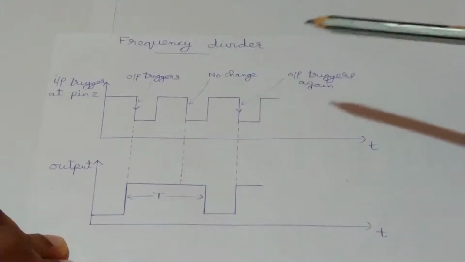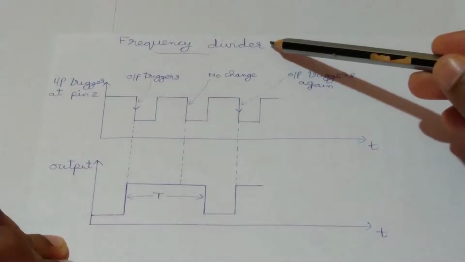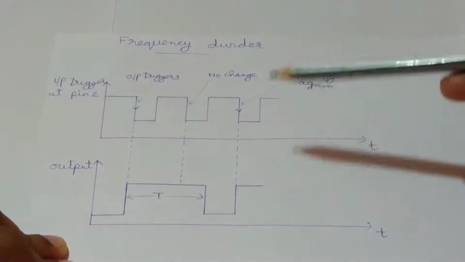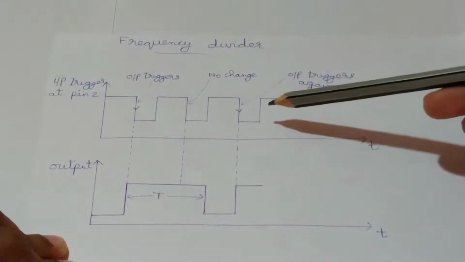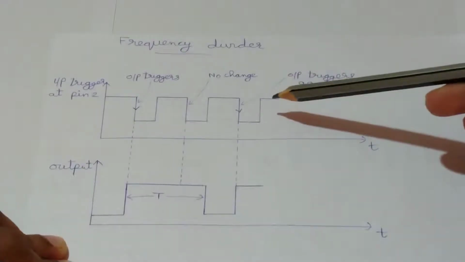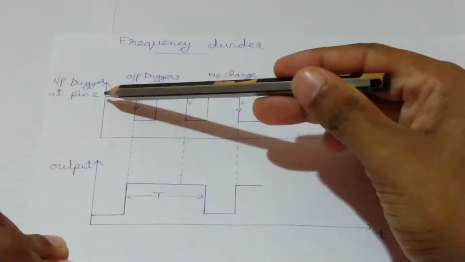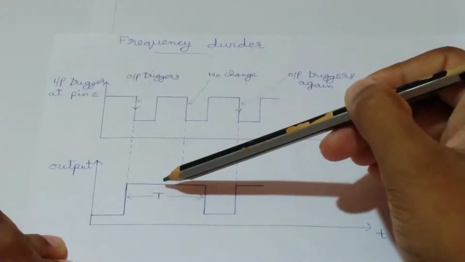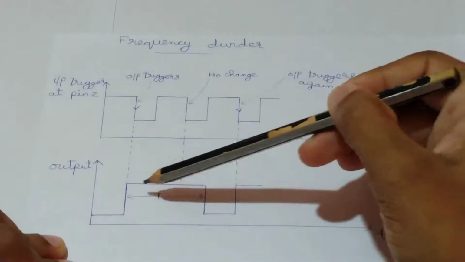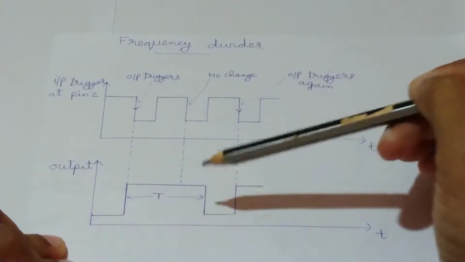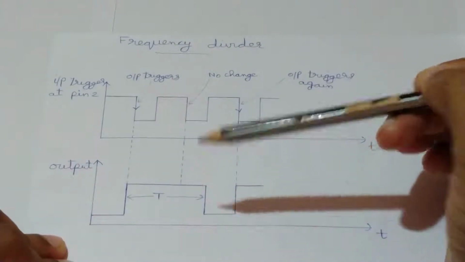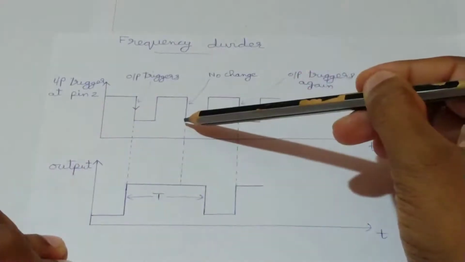That means to obtain a frequency divided version of the output, we need to apply the input as the trigger input. Okay, that means we need to apply the input to the pin number 2, and also the timing interval T of the monostable multivibrator should be designed to be longer than the period of the triggering signal.